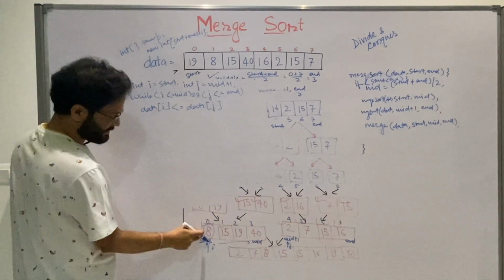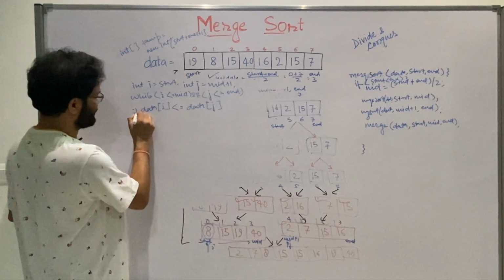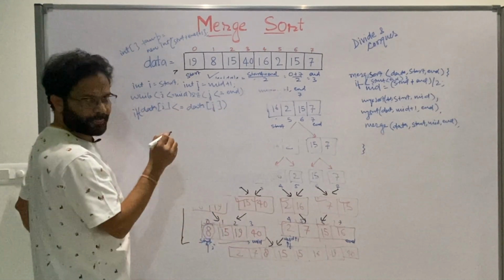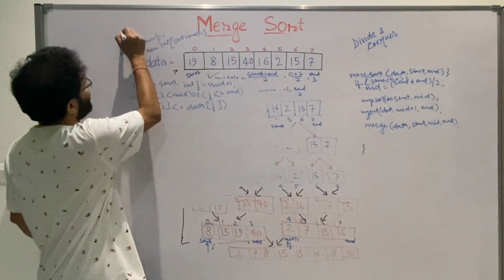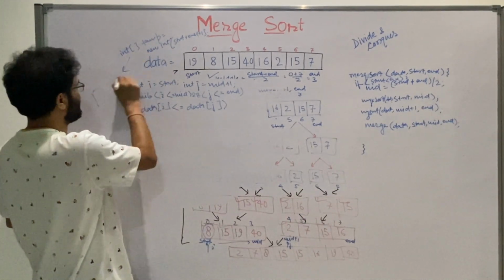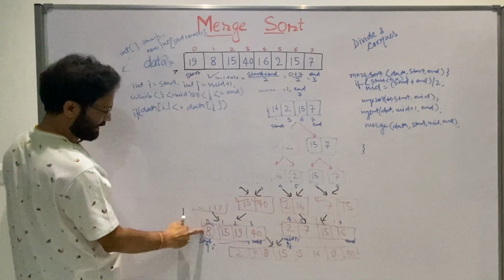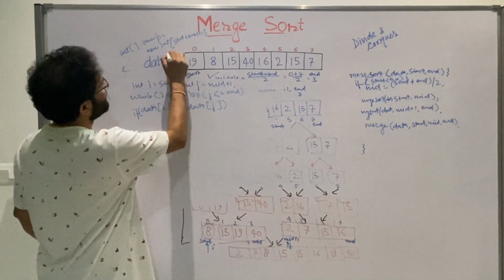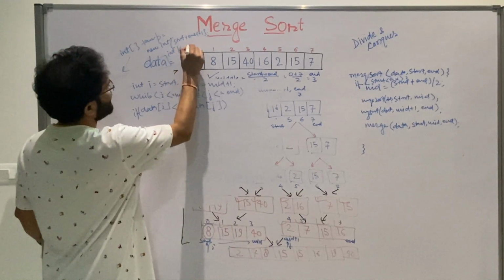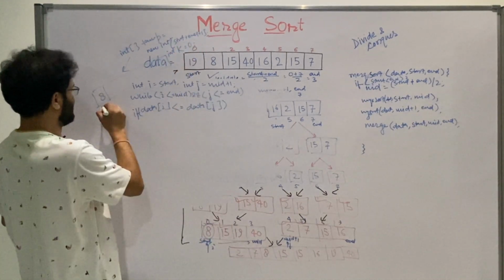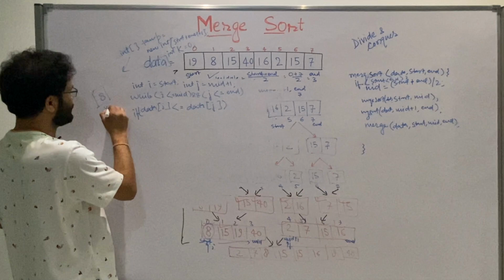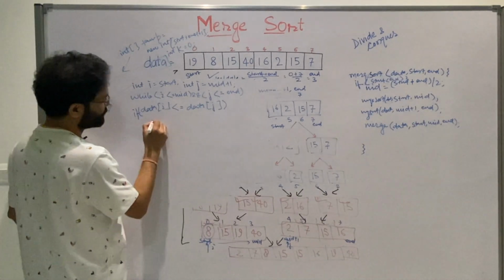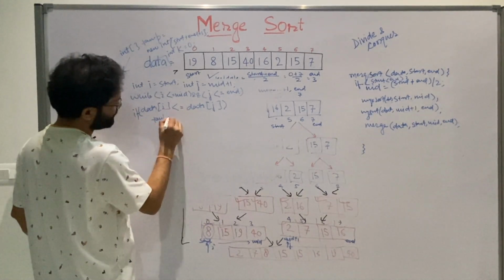So if this is smaller, then in the temporary array that we are making, put this element 8, and for that take one variable k equal to 0.